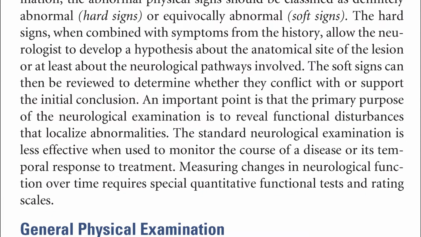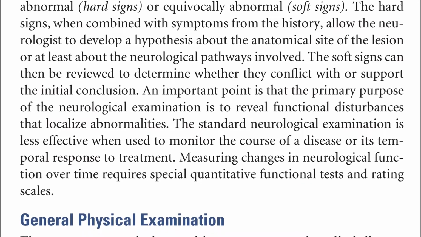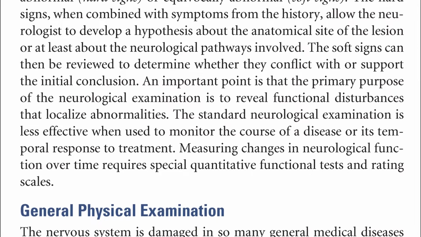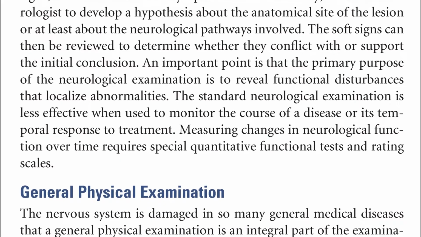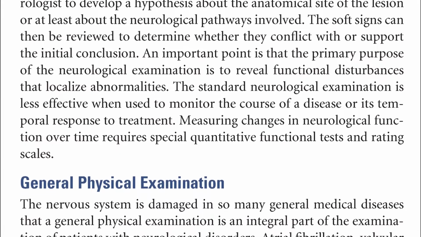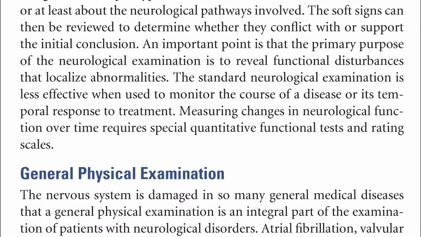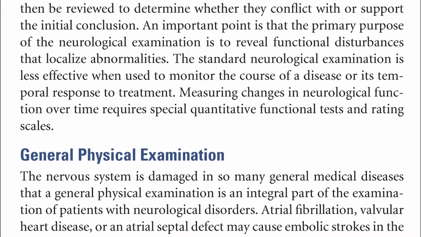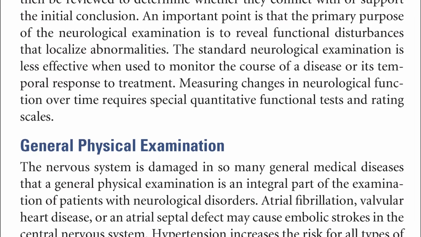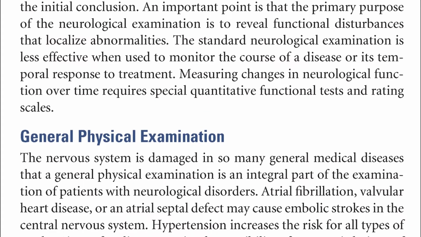An important point is that the primary purpose of the neurological examination is to reveal functional disturbances that localize abnormalities. The standard neurological examination is less effective when used to monitor the course of a disease or its temporal response to treatment. Measuring changes in neurological function over time requires special quantitative functional tests and rating scales.